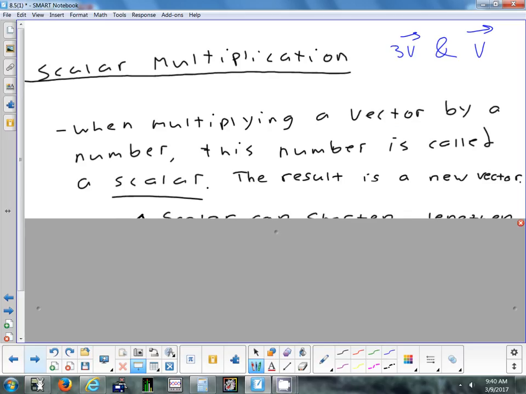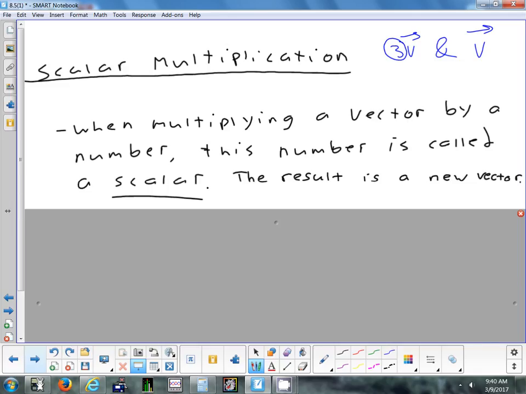Okay, so when you multiply a vector by a number, that number that you put in front of the vector is called a scalar, because it scales the vector. And when you multiply by a scalar, you get a new vector. Now, this particular scalar that I put in front of v up above, what did this do to the vector? So visually, how would it look?